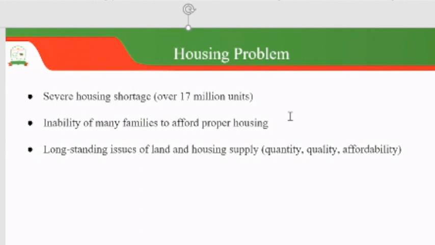Sometimes the quality is also a problem, so we should be able to look at the housing problem in terms of affordability and supply. You should be looking at homelessness, but also at quality, accessibility, environmental sustainability, and all that.